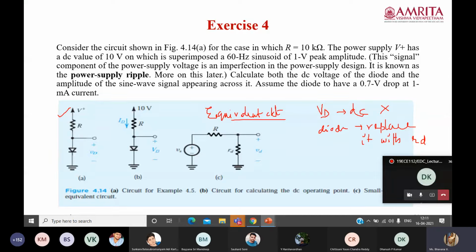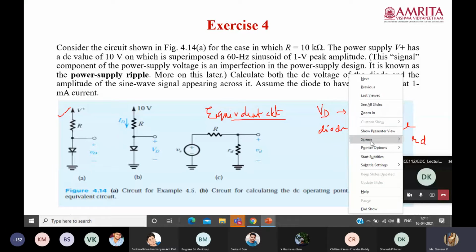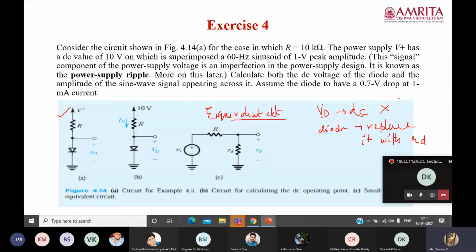First, we will determine the DC voltage of the diode. DC voltage and DC current, both you have to find out, the operating point. In order to find the voltage and current, which model will you prefer? While explaining the small signal model, I told the initial assumption is with respect to which model?